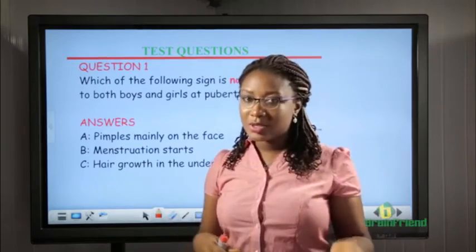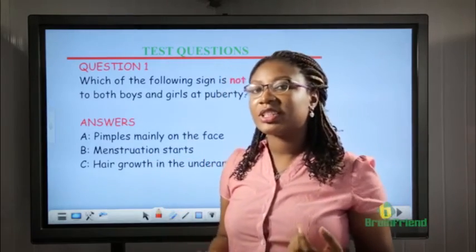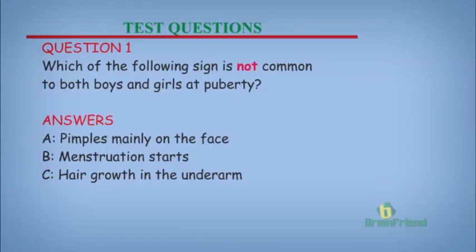Now let's take a quick question to know if we really followed in the class. Question 1. Which of the following signs is not common to both boys and girls? A. Pimples mainly on the face. B. Menstruation starts. C. Hair growth in the underarm.